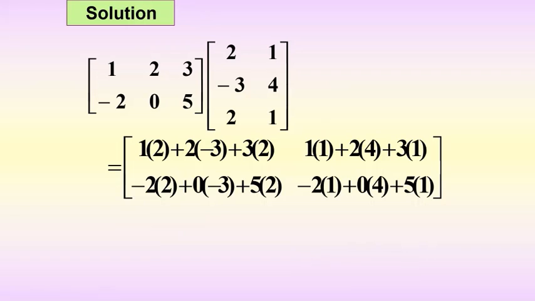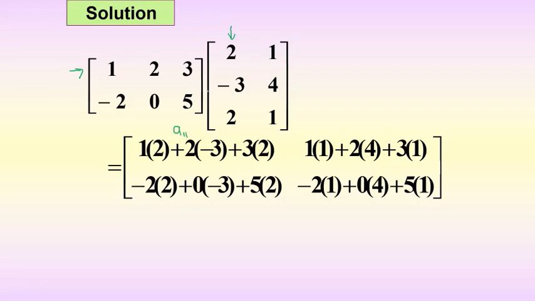Okay, this way, same as before. First column, this one is for the entries of 1, 1. That means first row, first column. So first row here and first column here.